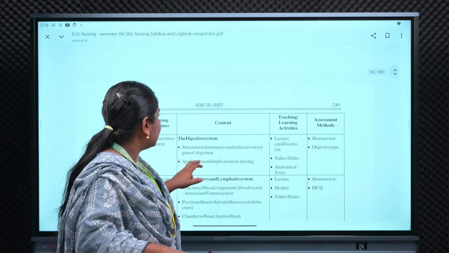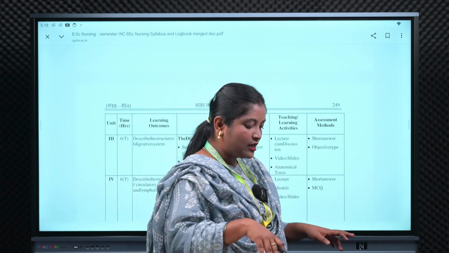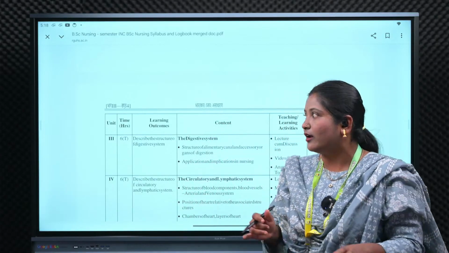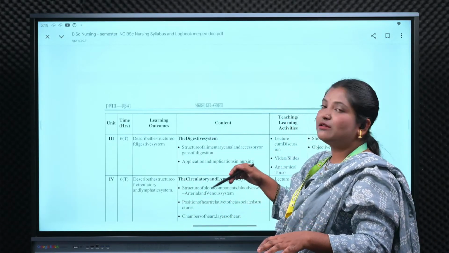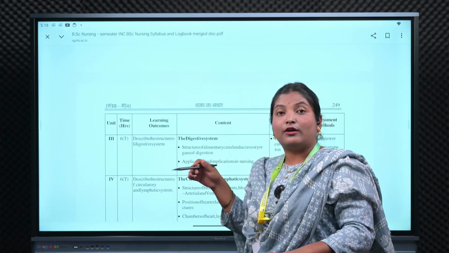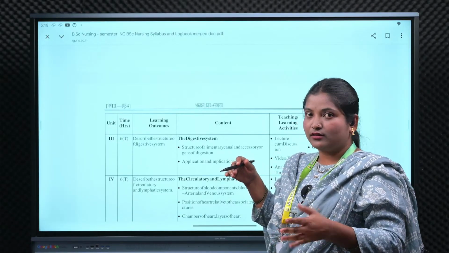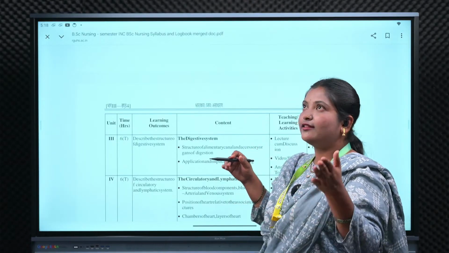The next one is the third unit, which is related to the digestive system. Initially I mentioned the stomach. The structure of the alimentary canal, you have seen the alimentary canal diagram from your high school, from 8th and 9th standard onwards.